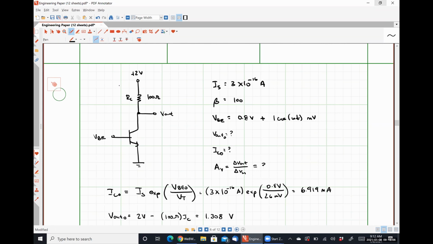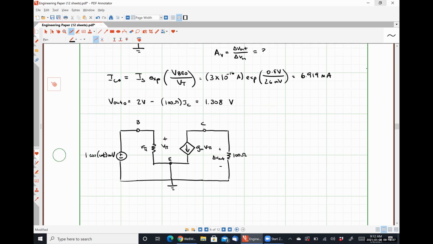I noticed some people, when they were doing problem 16 or whatever on the test and trying to apply the small signal model, they left the 8-volt DC source in, which completely jacks up your answer, because you're no longer applying the small signal model of the diode correctly if you leave the DC sources on. Small signal is for perturbations. DC sources get turned off whenever you're using a small signal model, 100% of the time. So I want to make that real clear.